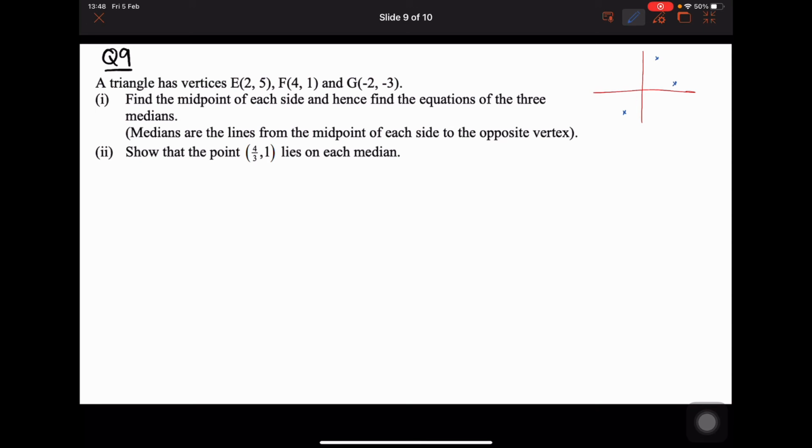Find the midpoint of each side and hence find the equations. So midpoint of E and F is 2 plus 4 over 2, 5 plus 1 over 2.